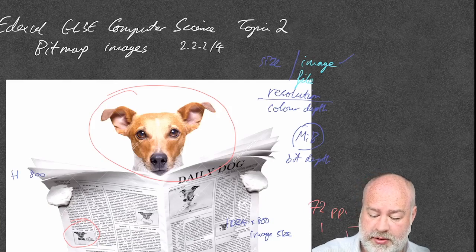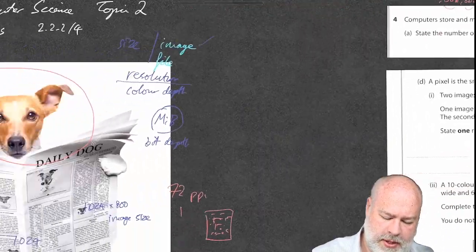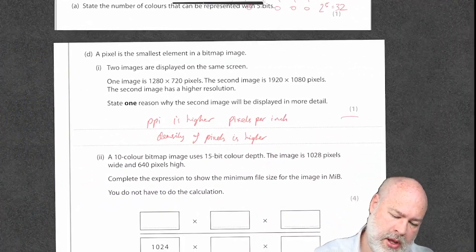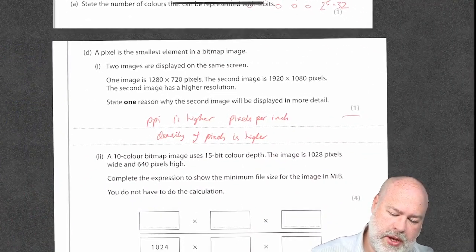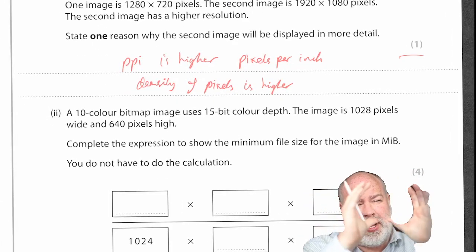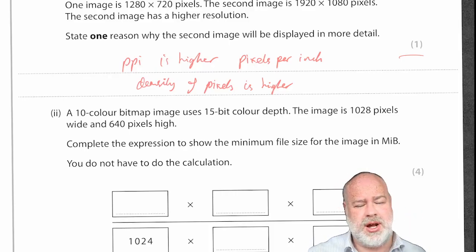So for every inch, you've got a lot more pixels to use. Sometimes this could also be 96, which used to be on a Mac. You just need to know that if you can pack more pixels into a small space, you're going to have a higher resolution.